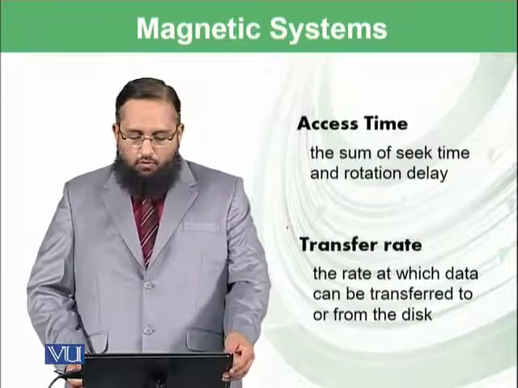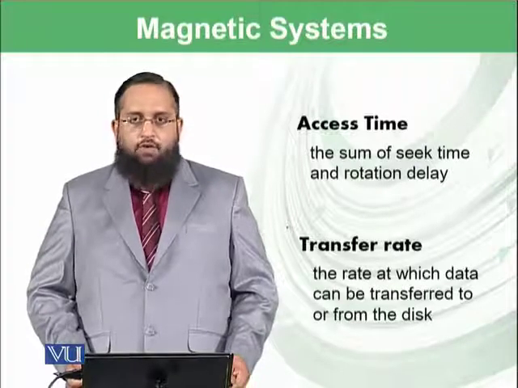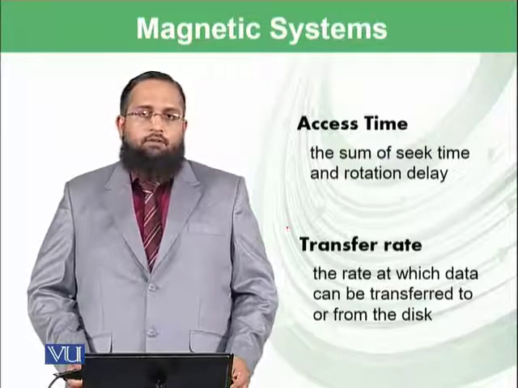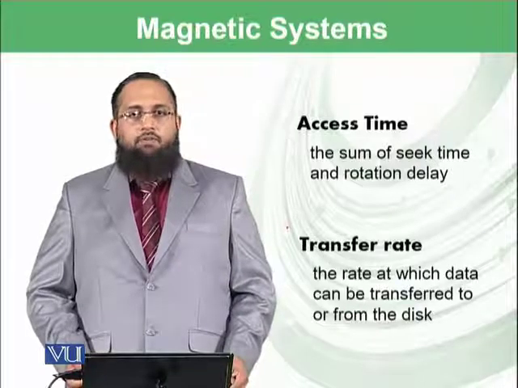And when both of these times are added up, they form access time. So the access time should be lower so that your disk could be considered good. And then there is transfer rate.